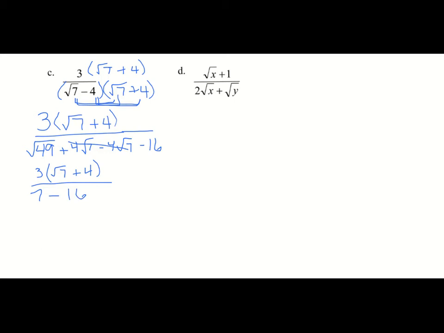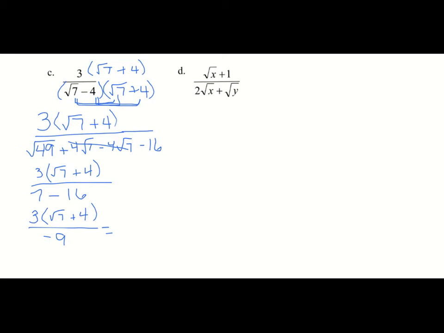So then my next answer will be 3 square root 7 plus 4 over a negative 9. And then we can simplify that 3 and negative 9, which is why it's better to leave it in factored form there. So then my answer is going to become, I'm going to divide them by 3.